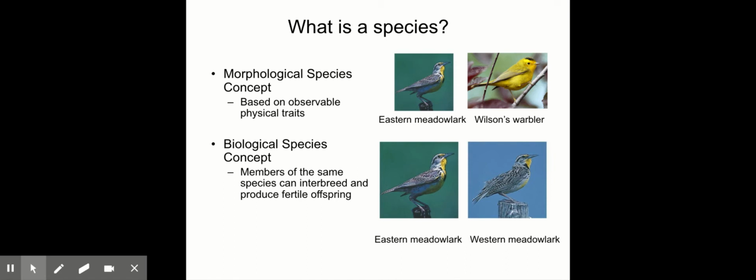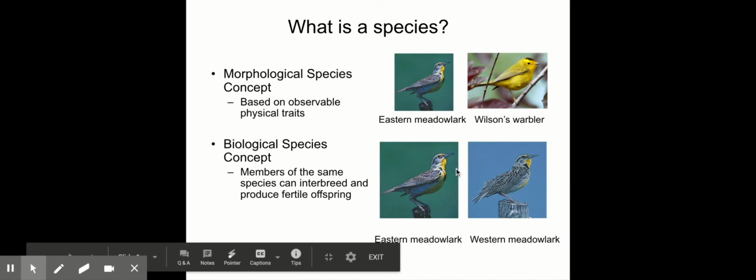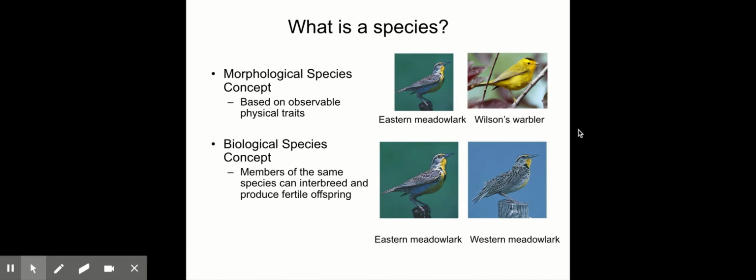Now, you can see some of the limitations of both of these types of species concepts. For example, there's sexual dimorphism, where males appear much differently than females, and that would really make things hard for this morphological species concept because they're the same species, but they look a lot different. And even with the biological species concept, you've got problems. For example, what if it's a species that's asexual?